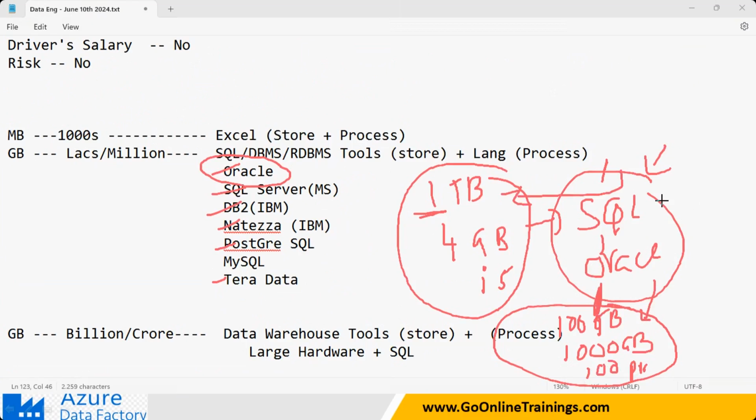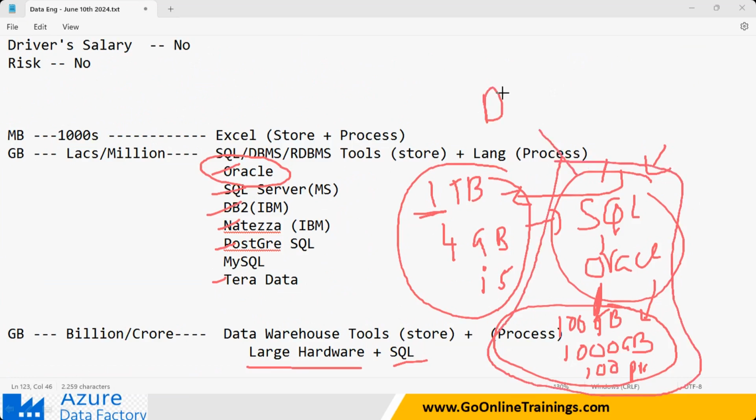So how much data can you store now? You can store up to 100 terabytes of data. This is large hardware. Software-wise, the same Oracle or SQL Server or Teradata we can use, but a computer with this kind of configuration is called a data warehousing machine. Am I clear, Sham? So it is also SQL, but on bigger hardware.